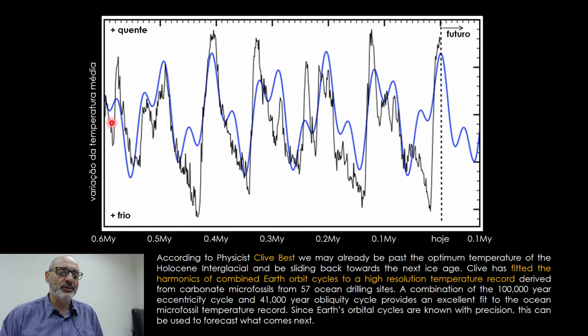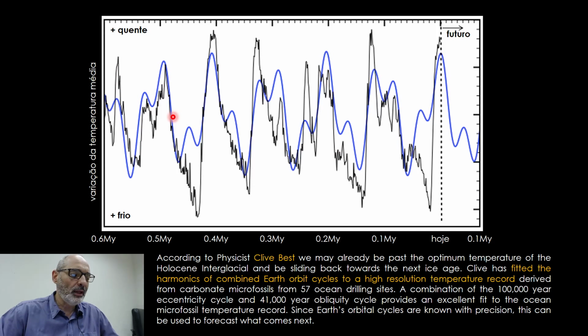So that's it. If you take the Milankovitch cycles into account and calculate the solar constant, you get this blue line here. And on this blue line, the x axis is in million years. So 600,000 years ago, we see that the total sunlight is varying a lot.